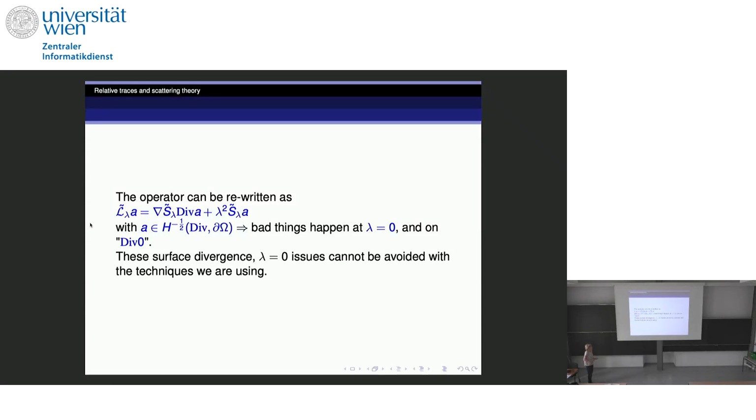So why am I so interested in this? These specific issues cannot be avoided with the techniques that we're using. We use some type of functional calculus and contour integration in the proofs. So we have to go through 0. We can avoid most of the real line, but we have to touch it somewhere. That's sort of a caveat of the functional calculus that we're using.